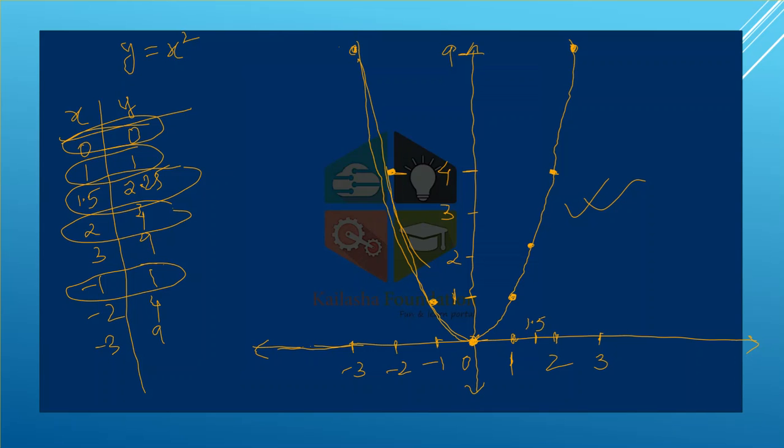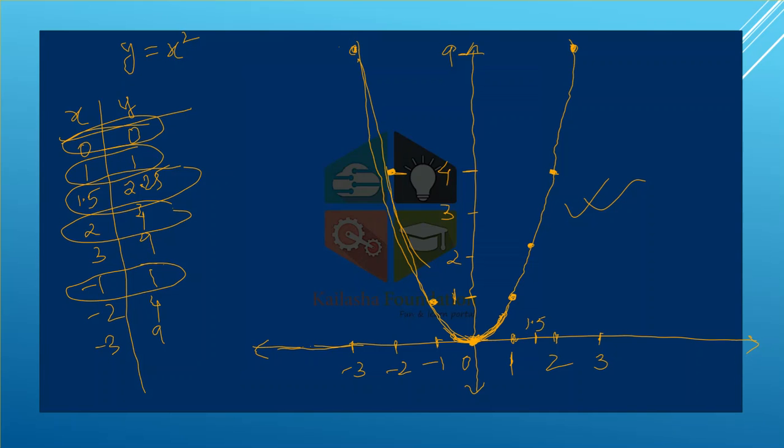And we can notice a few points. It is passing through 0 comma 0. It is a smooth curve, not a sharp turn, but a smooth turn. It is above the x axis, it is not below the x axis, it is on or above the x axis.